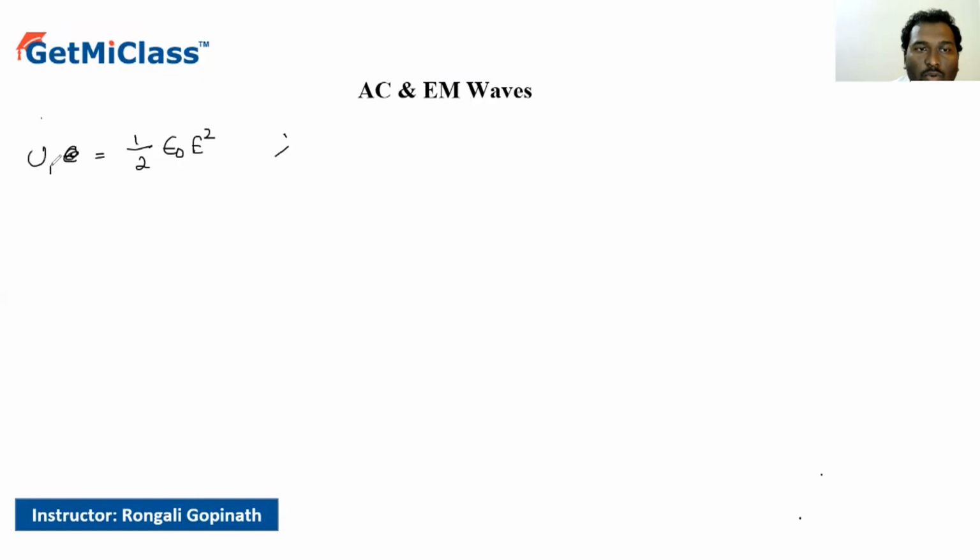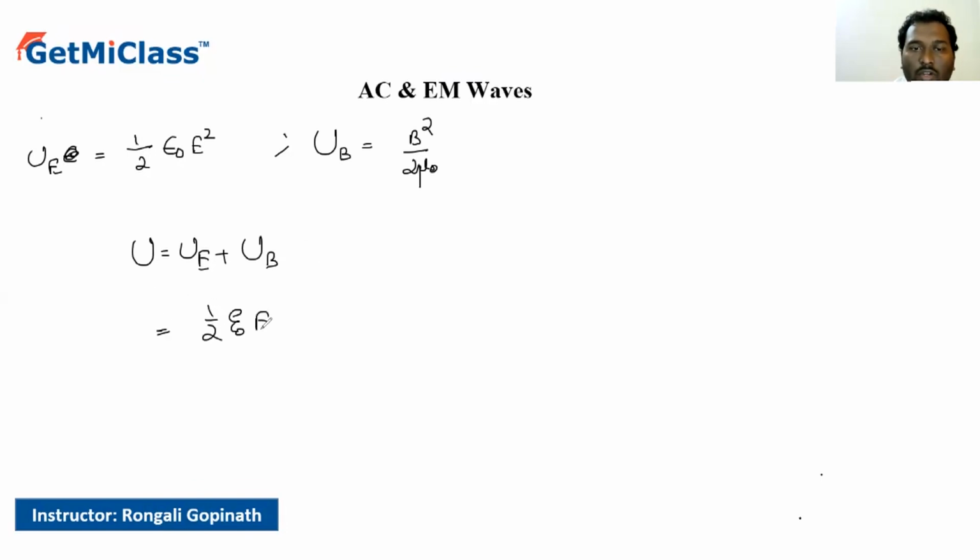Let's call it as U. Energy density associated with magnetic field is given by B square by 2 times mu naught. So the total energy density is energy density due to electric field plus energy density due to magnetic field, which is half epsilon naught E square plus B square by 2 mu naught.